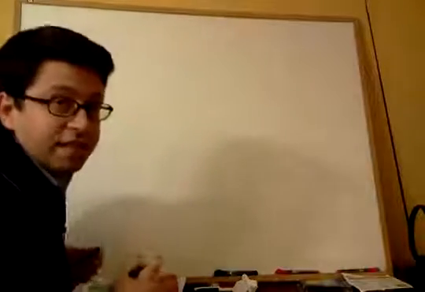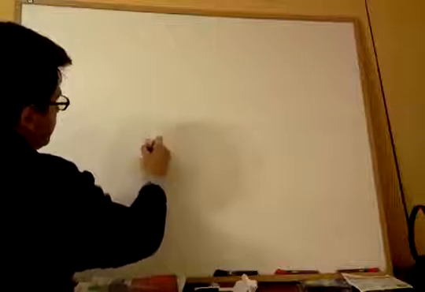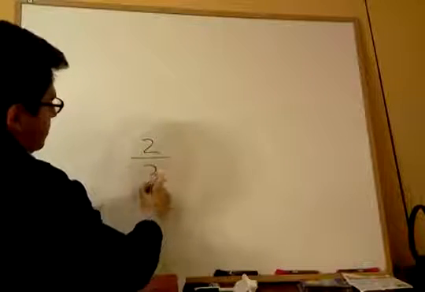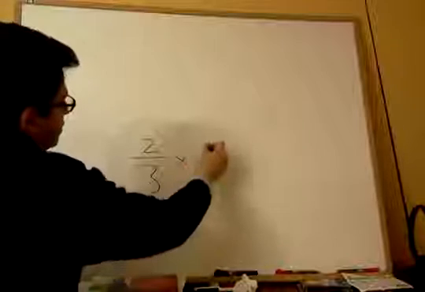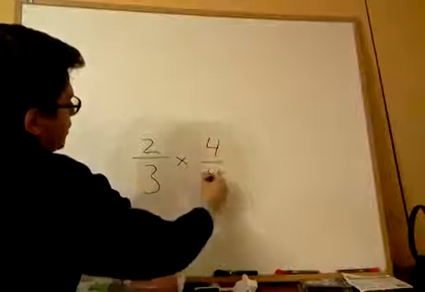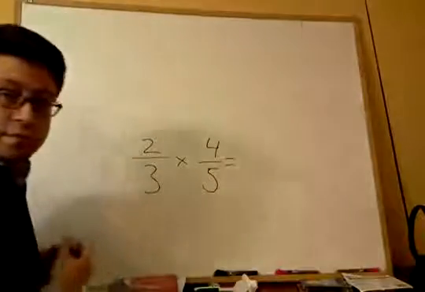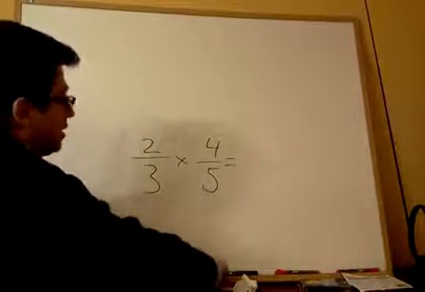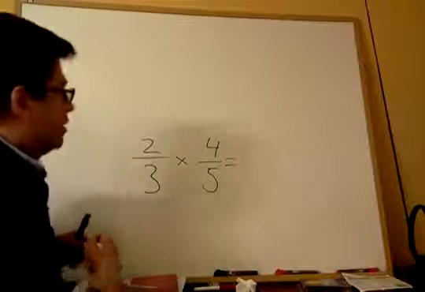It's very easy. For example, 2/3 times 4/5 equals. You multiply straightforwardly.